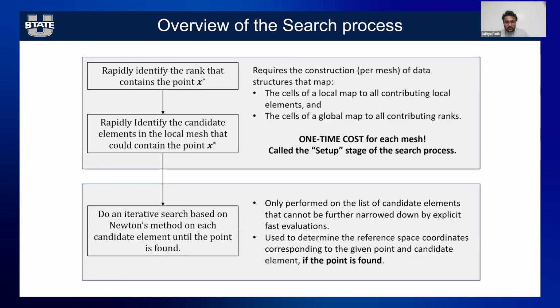And so this has been covered by Ketan already, but I will just give a brief overview because of the context of the surface, the changes in surface meshing. What we want is to rapidly identify which rank the point belongs to, and then in that rank we want to rapidly identify what are the candidate elements that may contain the point.